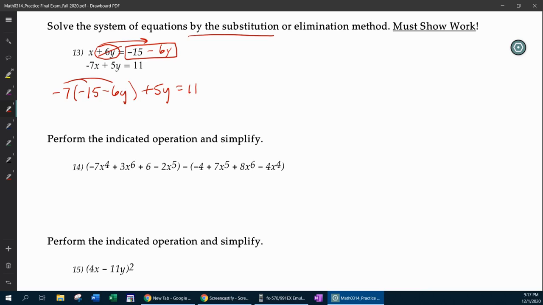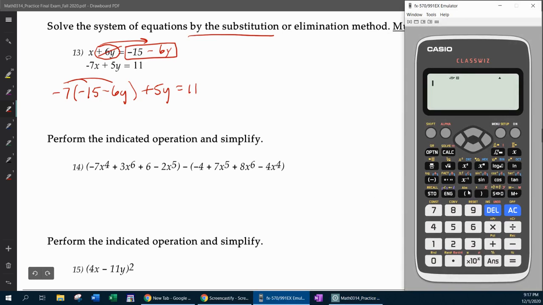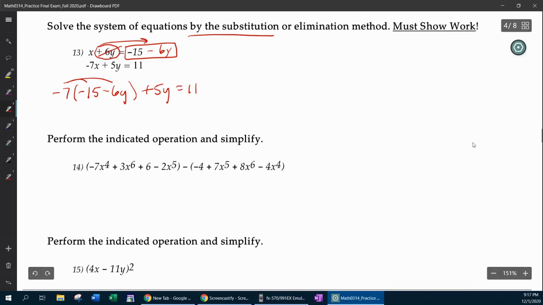So what is -7 times -15? Well, if you're like me and you don't want to figure it out mentally, you can do it electronically. 7 times 15, 105. And I know it's positive because a negative times a negative makes a positive.